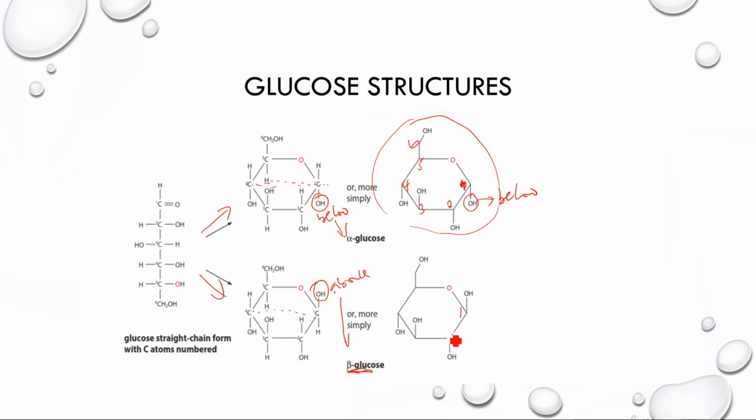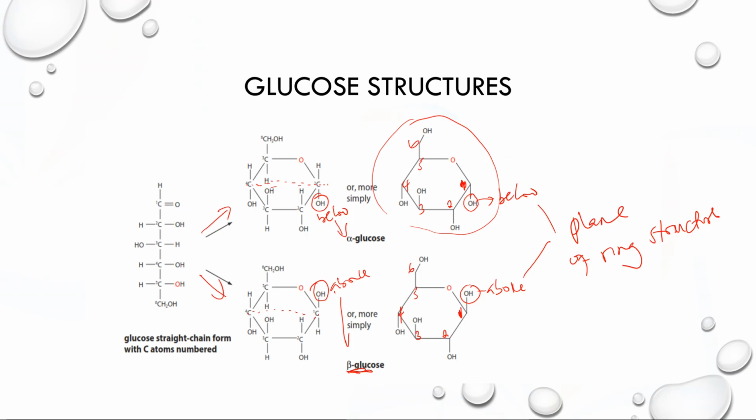The same thing here: 1, 2, 3, 4, 5, 6. The first one, the OH attached is above the plane. The other one is below the plane. That's what we call the plane of the ring structure.